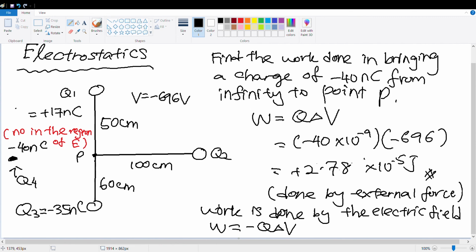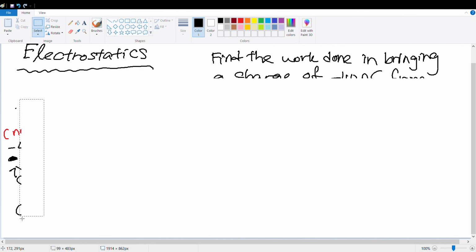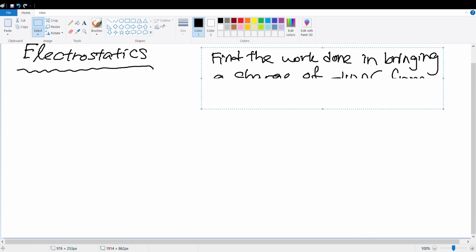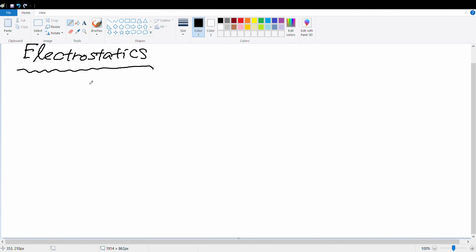Okay, so I think we have done this electric potential. So let's move on to the final part of this chapter. From the previous parts, we have discussed the equipotential body.